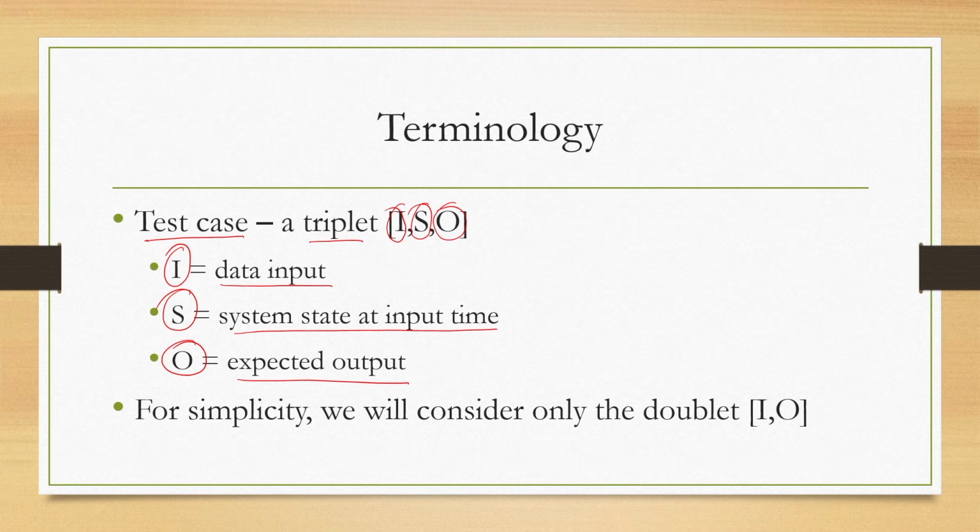However, for simplicity in subsequent discussion, we will consider only the doublet I and O. So, we will not generally consider S, that will unnecessarily complicate the discussion without adding much value. So, we will generally consider the doublet I and O to be representing the test case.